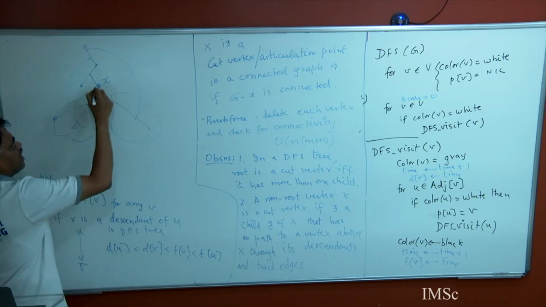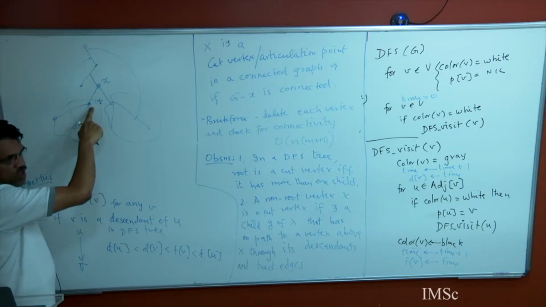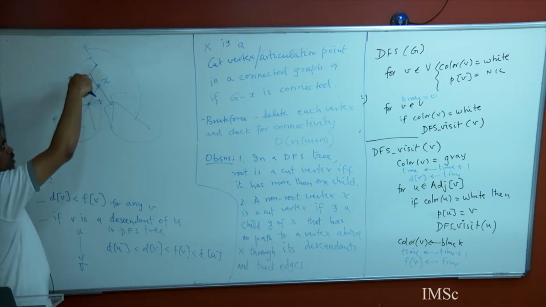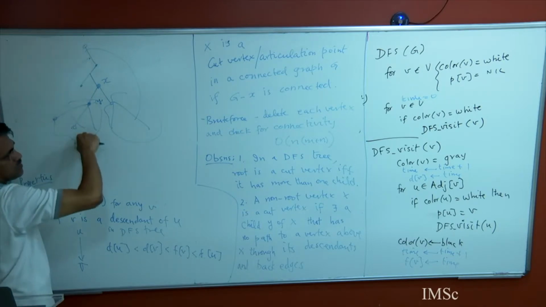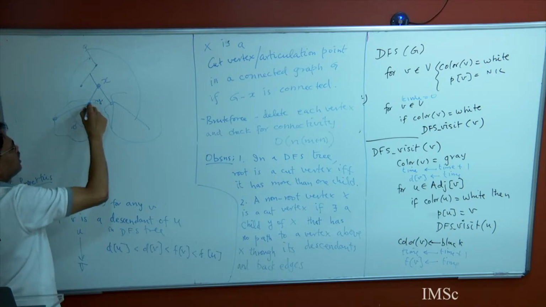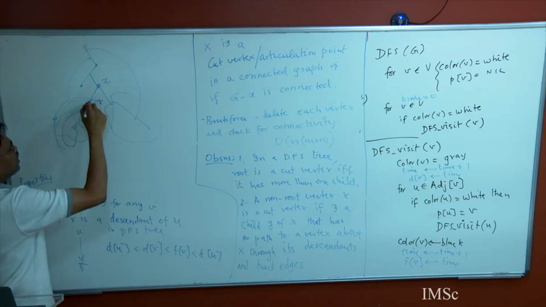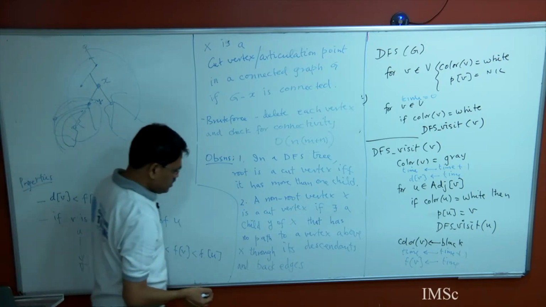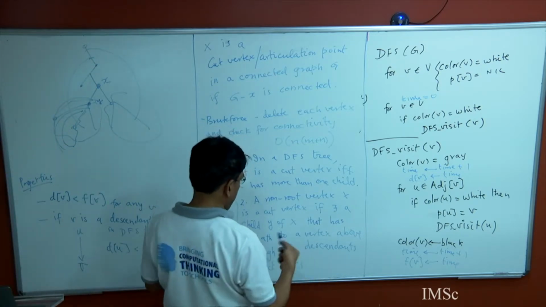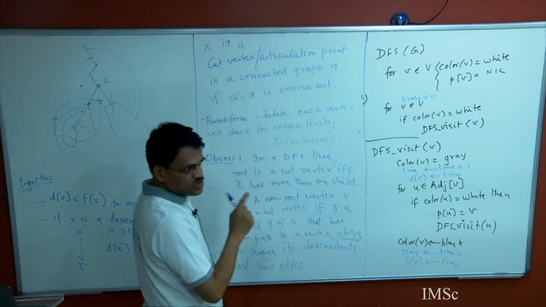So in other words, X is a cut vertex if, looking at all vertices reachable from Y in the following way, you're allowed to use tree edges and then a back edge, and all of them get stuck here itself, there is no path from Y to somebody above X. I have to say all this more precisely, and that's where the D values come into play.